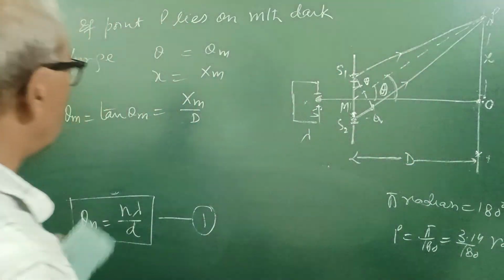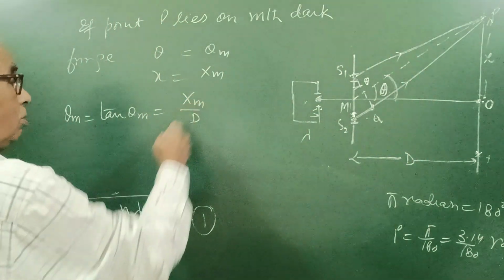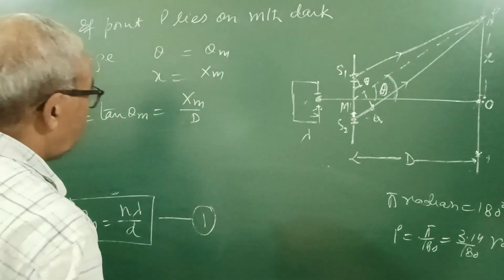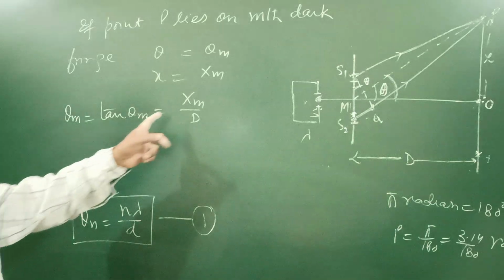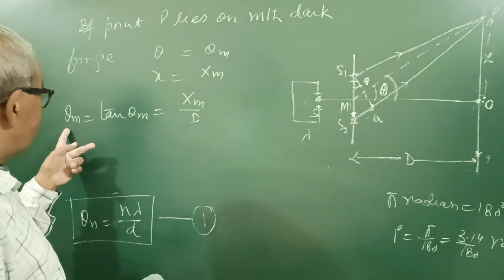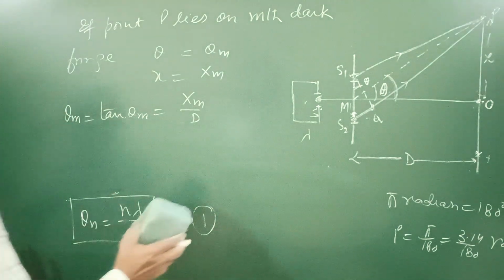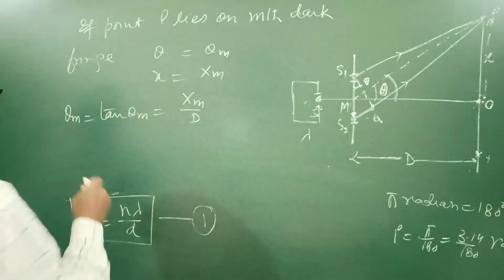So when you use meters, please remember that the angle will be in radian. If you are given the angle theta in degrees, you have to change it to radian. So be careful.